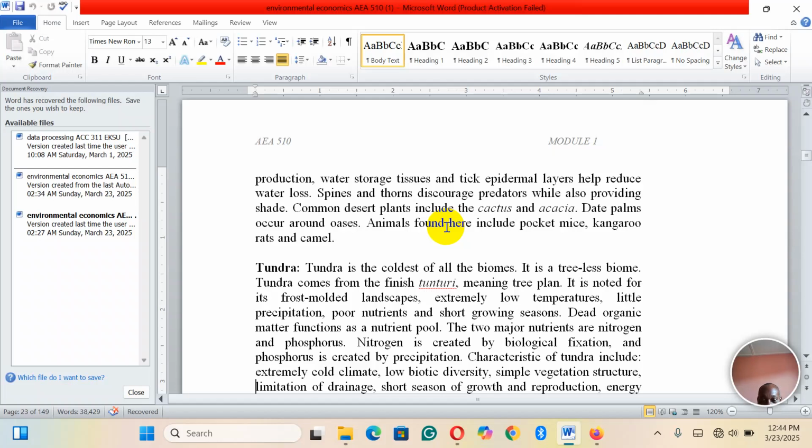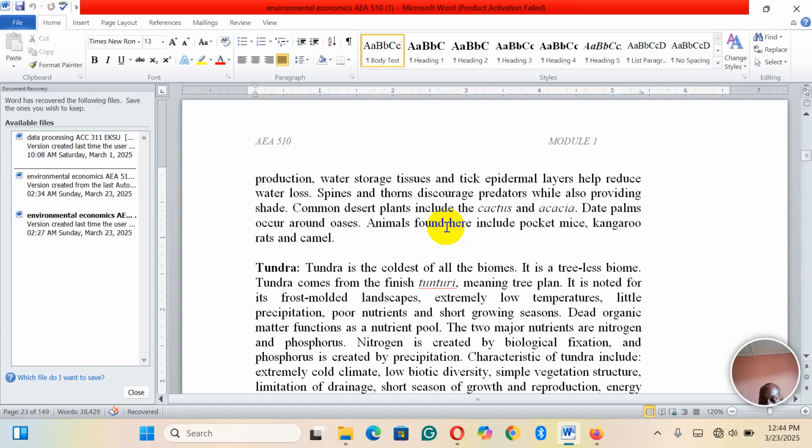Dead organic matter functions as a nutrient pool. The two major nutrients are nitrogen and phosphorus. Nitrogen is created by biological fixation, and phosphorus is created by precipitation.